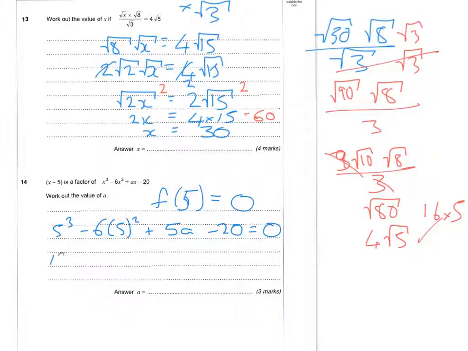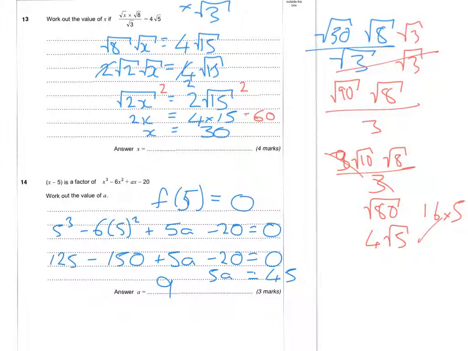So that's 125 minus 25 times 6 is 150 plus 5a minus 20 equals 0. 125 minus 150 minus 20 is minus 45. Over to the other side, 45 equals 5a. A must be 9.